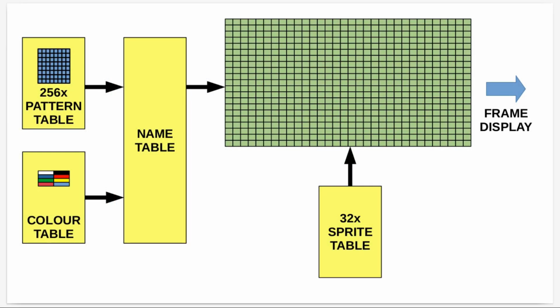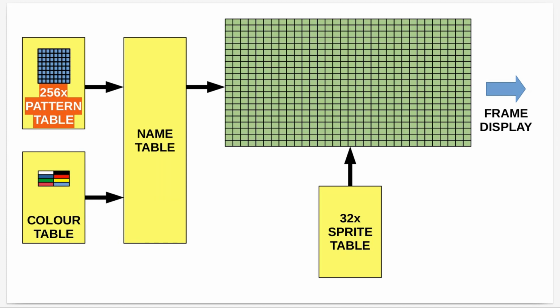So this is a basic overview of how the display works within the actual chip itself. If you wanted to program it, you have these tables which you can define, and the first one is the pattern table. Basically it's an 8x8 grid. Each character is an 8x8 grid that you can define, and this is the same as you would have in a character ROM for an old 70s or 80s type computer like a TRS-80.